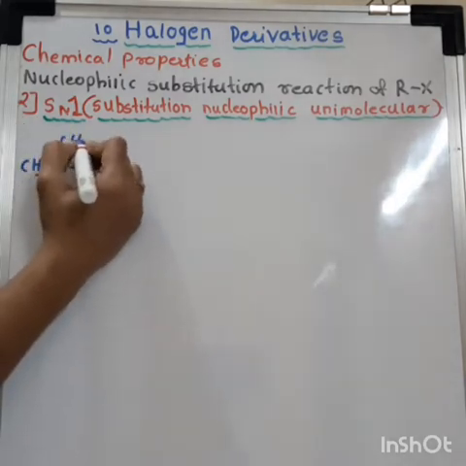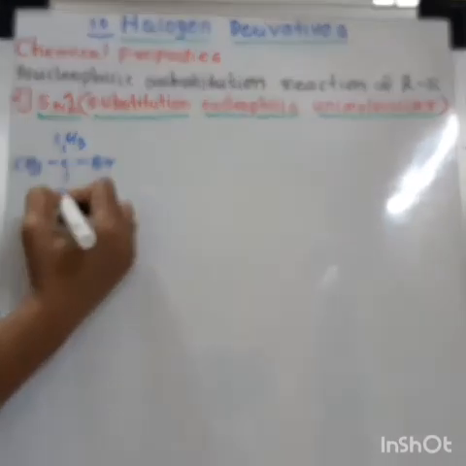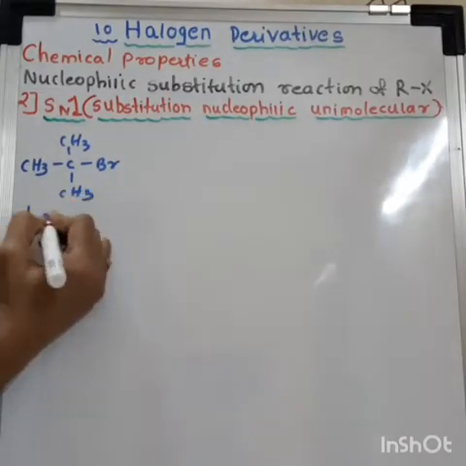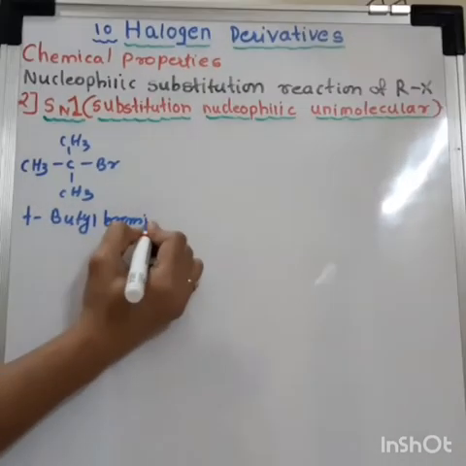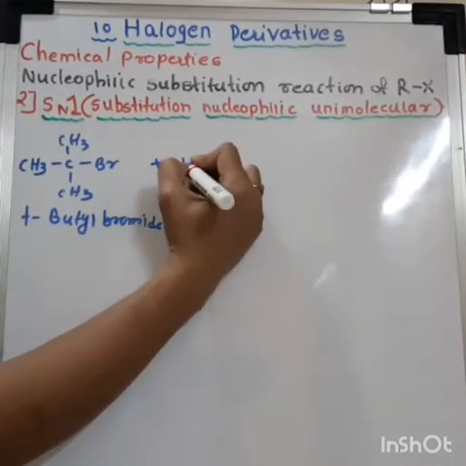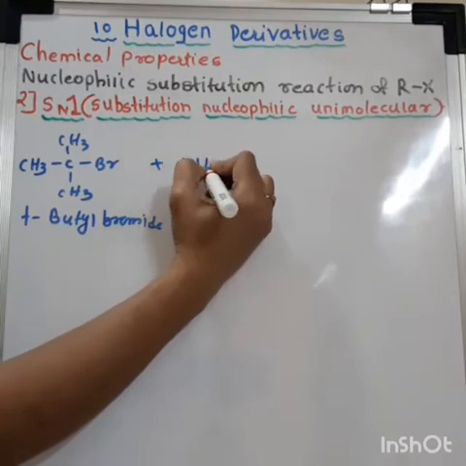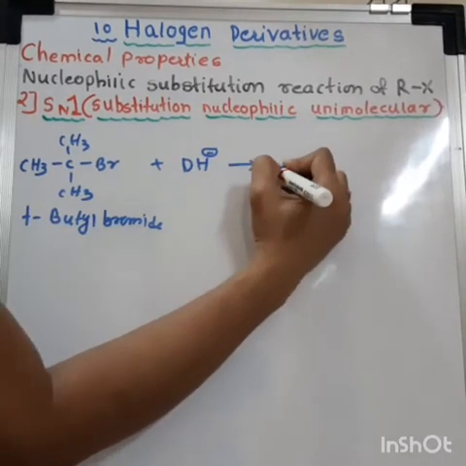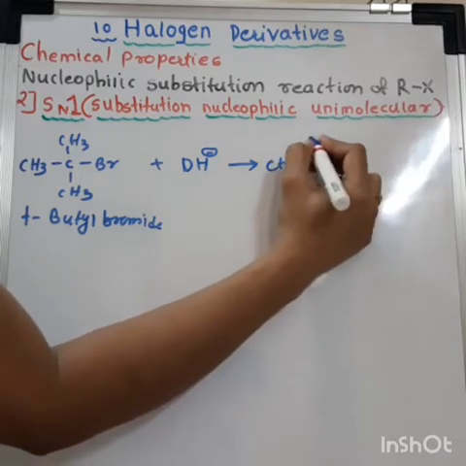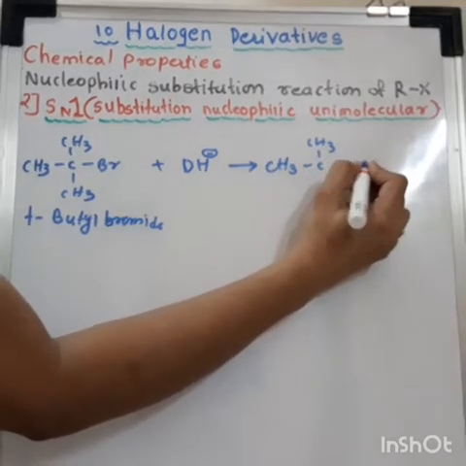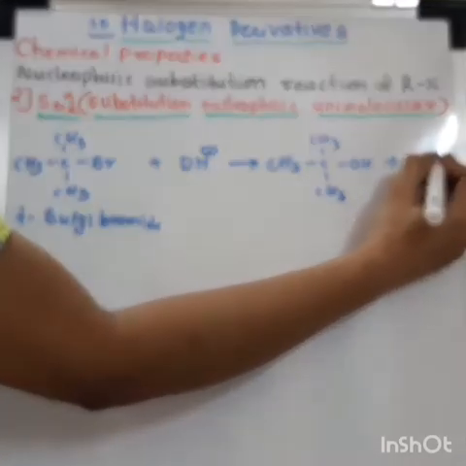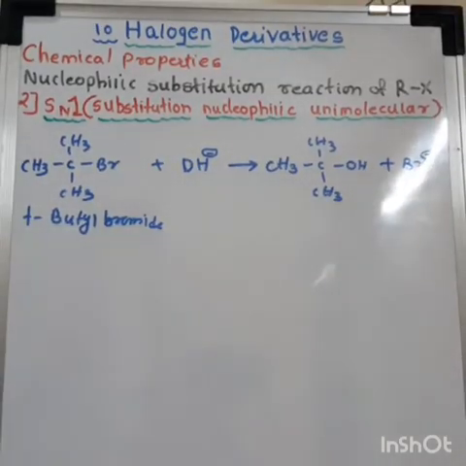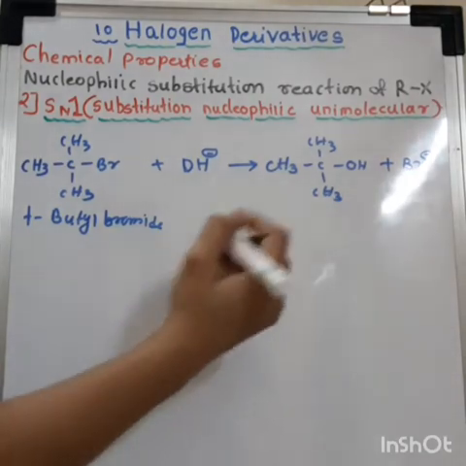(CH3)3C-Br. This is tertiary butyl bromide. When it reacts with a nucleophile, it gives (CH3)3C-OH plus Br minus, that is the halide.